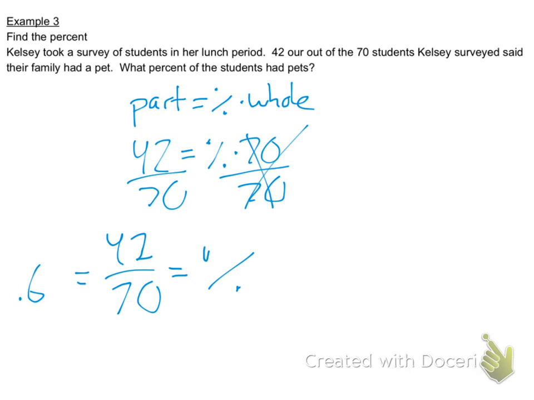And 0.6 then gets converted to a percentage. What is that, Parker? 60%. So 60% of the students have pets.